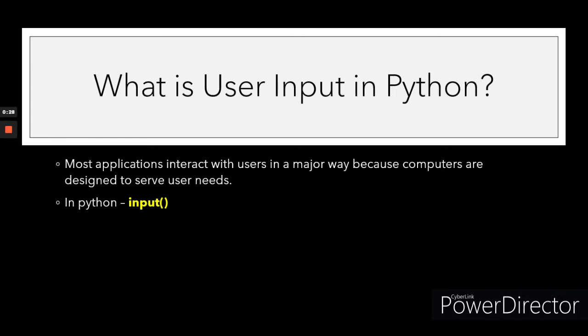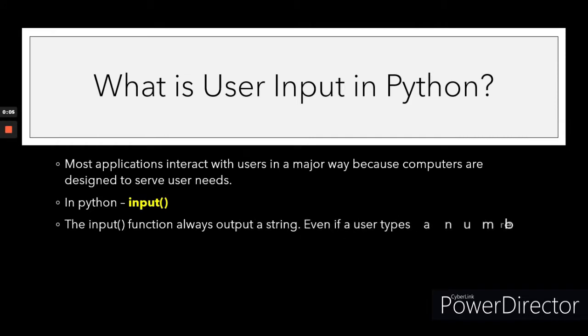You simply use the input function to do it, as you see here. The input function always outputs a string. Even if a user types a number, the output from the input function is a string. This means that if you're expecting a number, you need to convert it after receiving the input. And this is something that you should always remember.